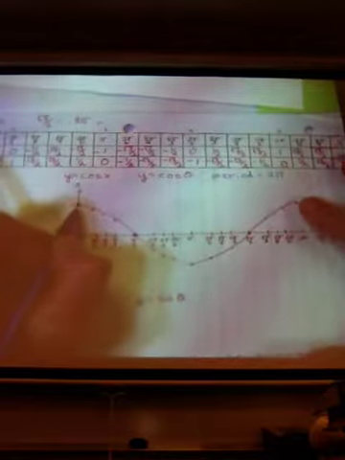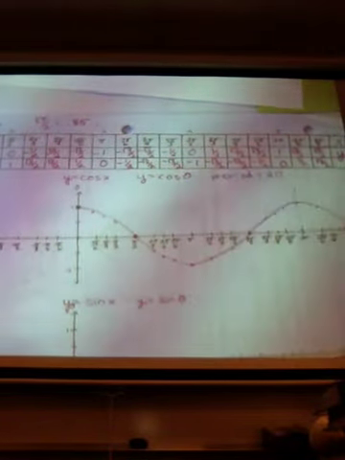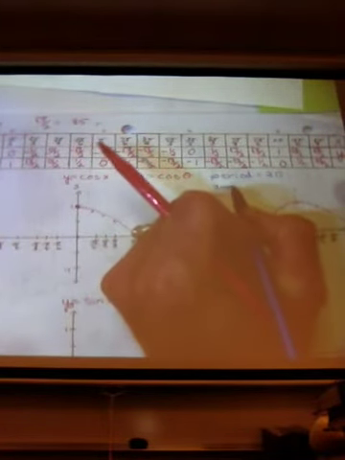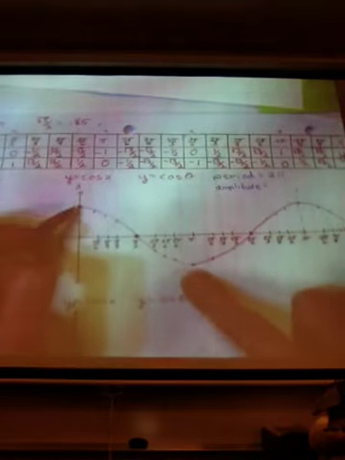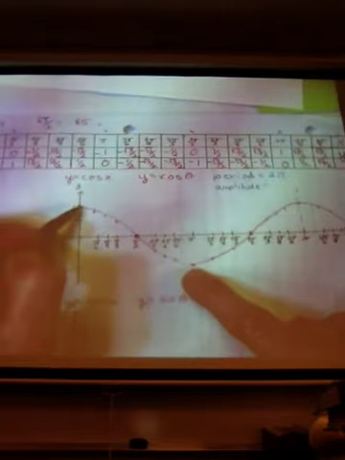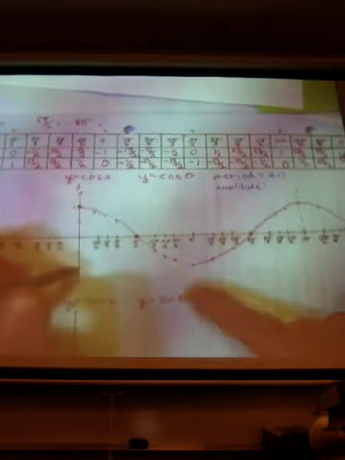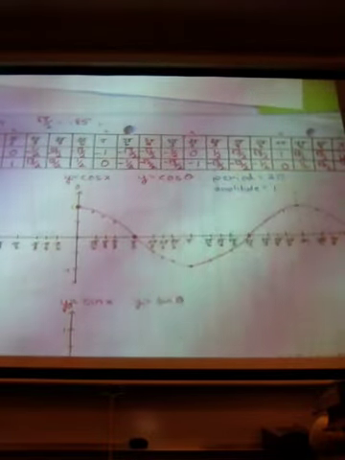It's the length of where it begins and ends, and then it starts repeating again over here. The amplitude is half the distance from the maximum to the minimum. So this goes from 1 to -1, so that would be 2, and half of that would just be 1.